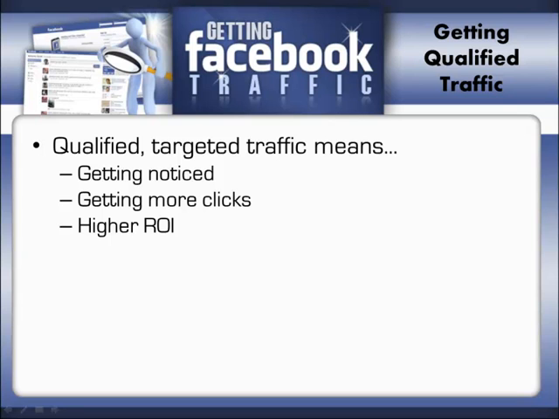Once they get there, they're going to be much more likely to buy what it is that you're selling because they're interested in it. We already know that they're interested in it. That's why they even saw the ad, and that is why they clicked on it. So the likelihood that they're going to make a purchase, pretty good. This is what we're talking about when we talk about qualified traffic, when we talk about high quality traffic.